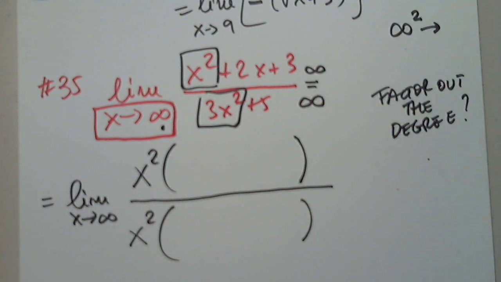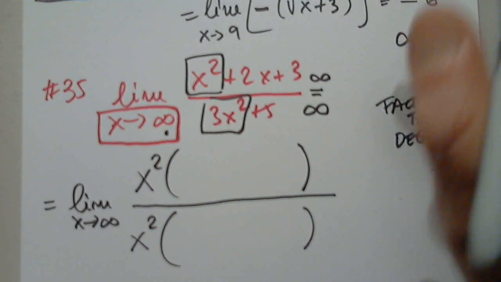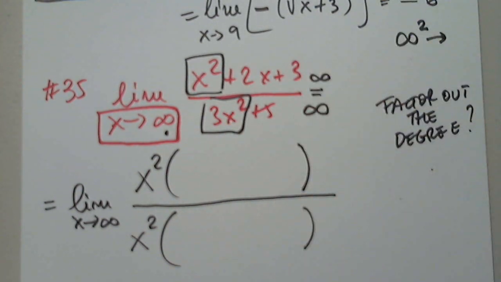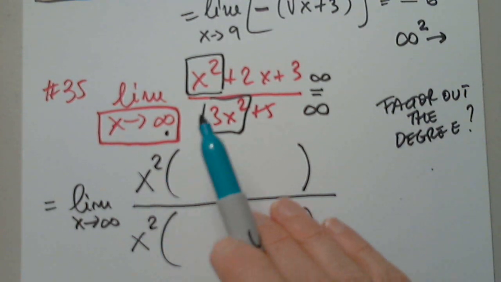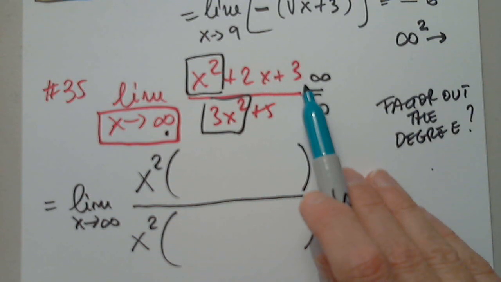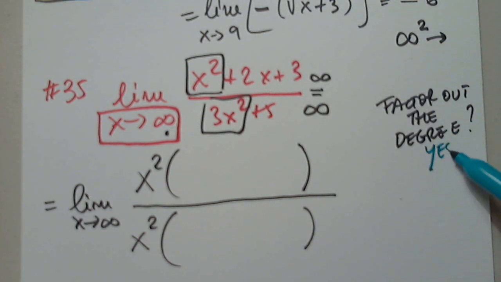And you can say you cannot factor out x squared because x squared is not a common factor, and I have to agree with you. If you say you cannot factor out x squared because x squared is not a common factor, I will say yes, you're right, but I will force it. What does that mean?